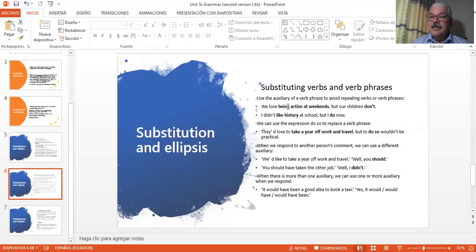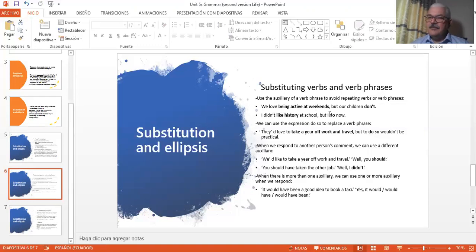The verb is love. And in this case, we are not going to repeat the same, but we are going to refer to our children, not to us, to our children. And in that case, we say, we love being active at weekends, but our children don't.